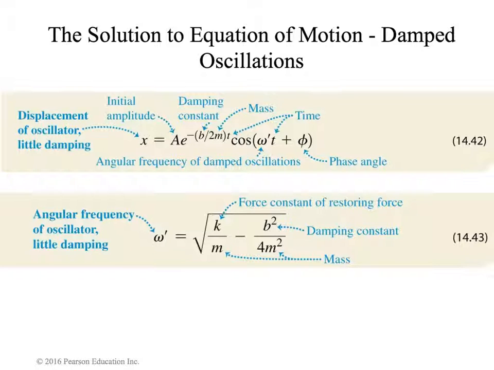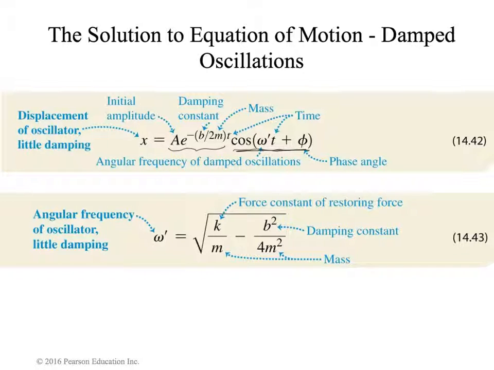We still have the oscillating portion of the motion that we had before, but notice this amplitude is different. This amplitude is an exponential decay, and as t goes on, this is just going to get smaller. So this amplitude acts sort of like an envelope for the oscillation to take place within.